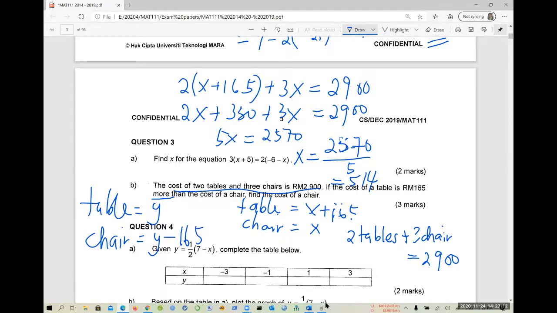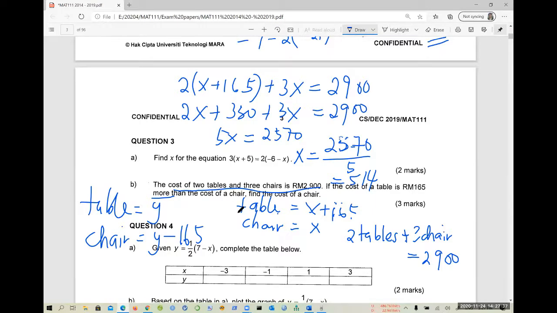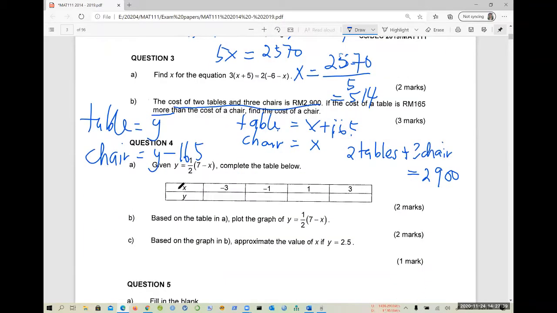So you have to be careful. Both of these will give you the same answer. The only thing that differs is the selection of the unknown, which attribute you want to give the notation. Okay. All right.